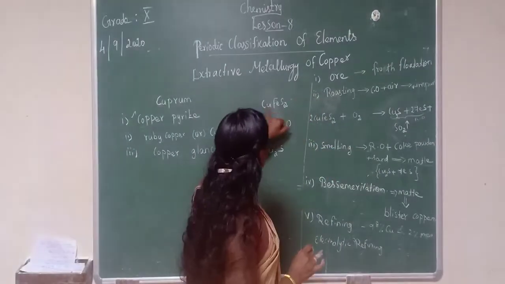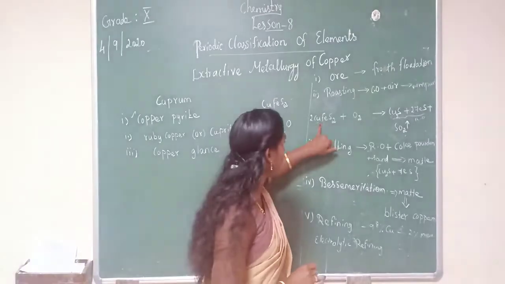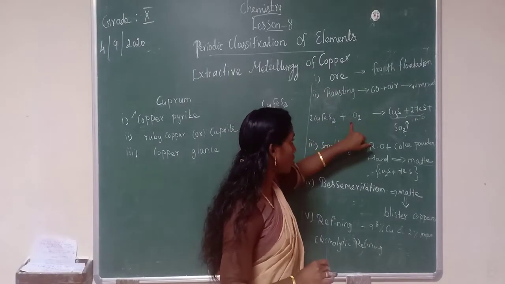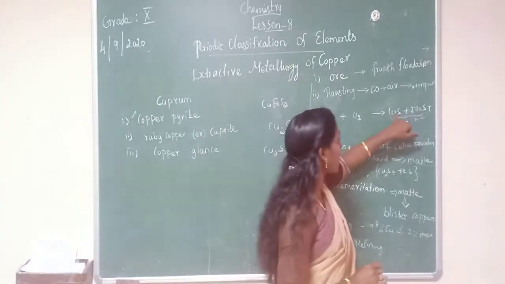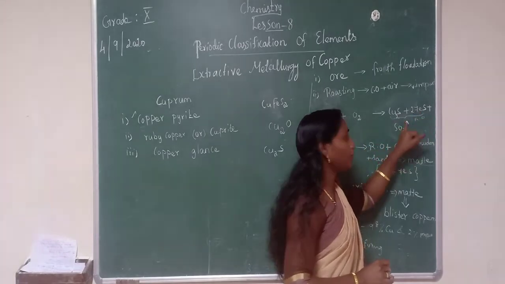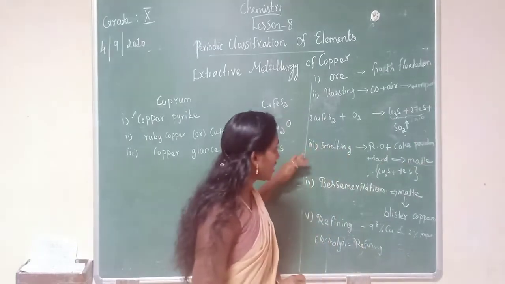Here we studied the equation. Copper pyrite, formula CuFeS2, is reacted with oxygen. In the presence of oxygen it is roasted, and we will get sulfides of copper and iron. The volatile impurities and moisture will be removed. The next is the smelting process.